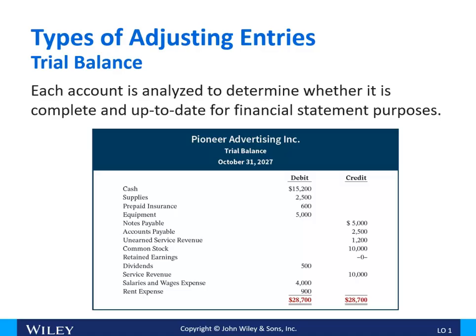Those three all could have, and typically have, adjusting entries that we need to think about. We have unearned service revenue, so we need to look at that account to make sure we've recognized all our revenue correctly. Notes payable typically has interest associated with it, so that's another one that may be an adjusting entry.